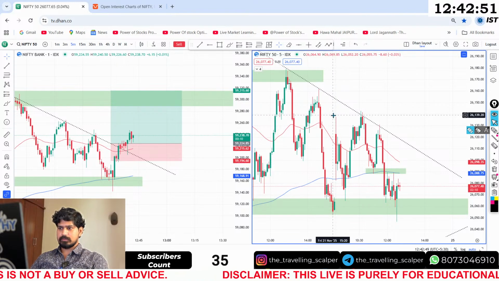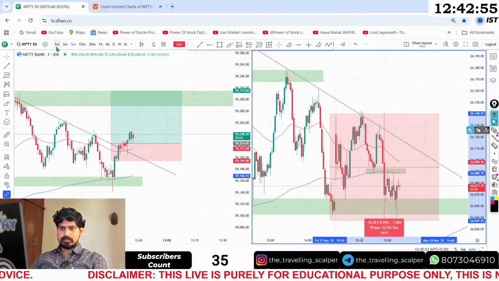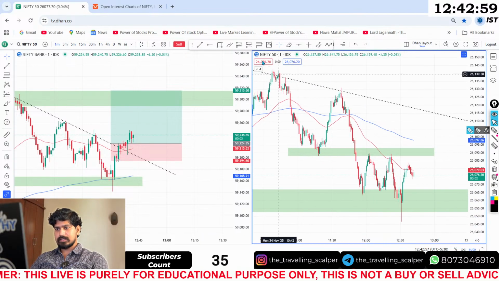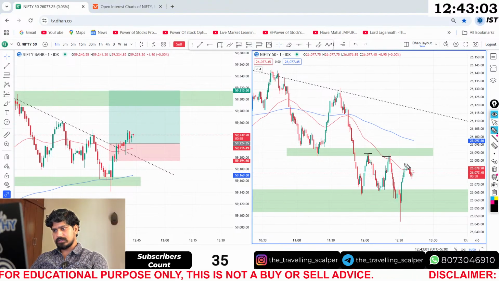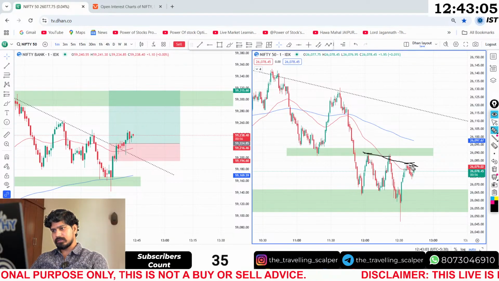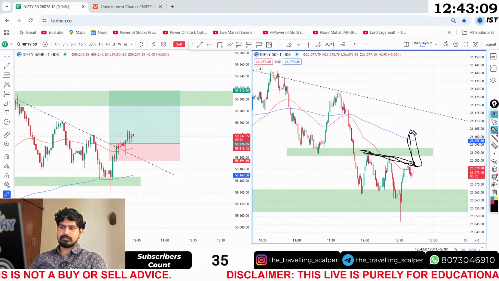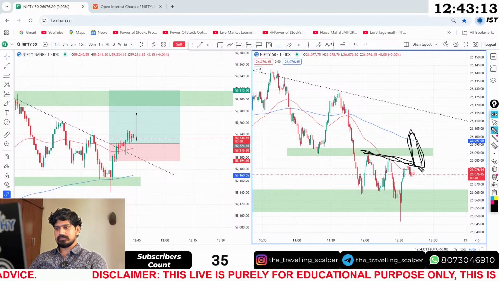Until then I'm not confident that Nifty will go up. At this point there are again multiple sellers. First sellers level is this level, second is this, and third is this. So these three levels have to be crossed, only then I'll be interested in going for an upside trade. In case Bank Nifty goes up, this level will be easily broken out.